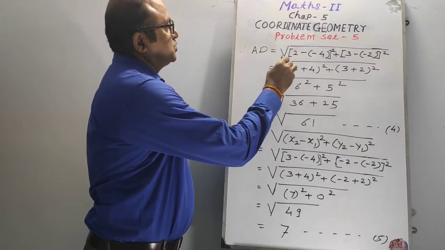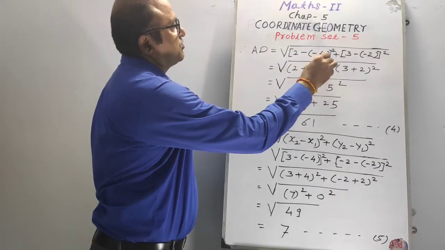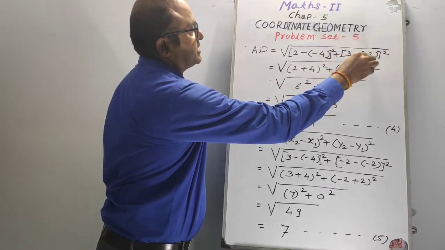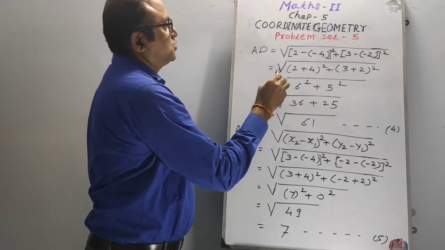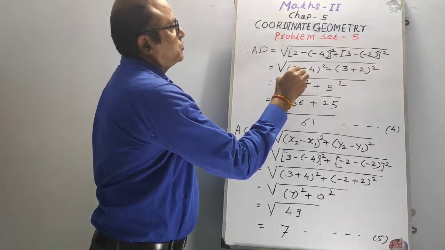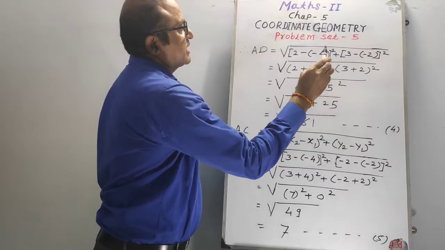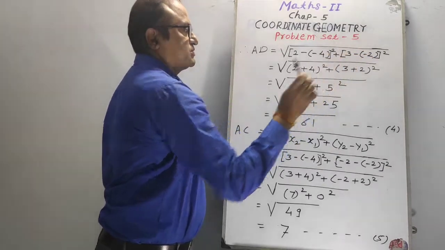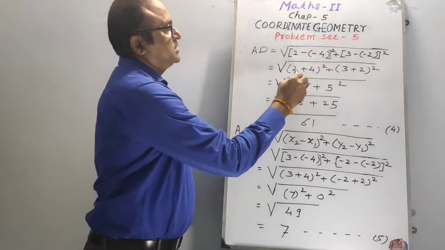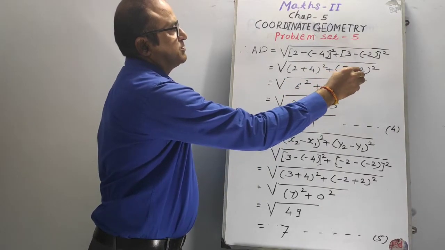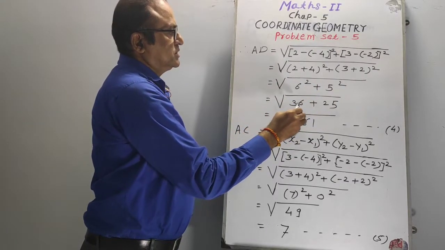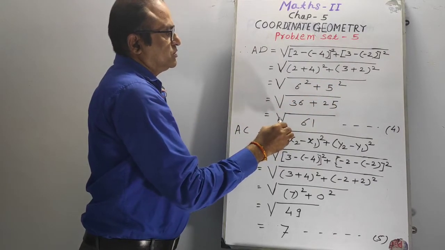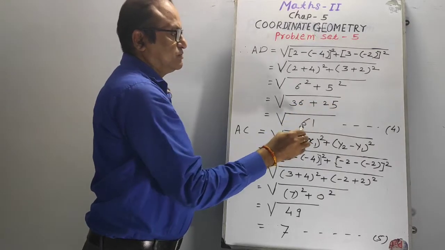Therefore AD is equal to under root (2 minus (-4)) square plus (3 minus (-2)) square, is equal to under root (2 + 4) square plus (3 + 2) square, is equal to under root 6 square plus 5 square, is equal to under root 36 plus 25, is equal to 61.